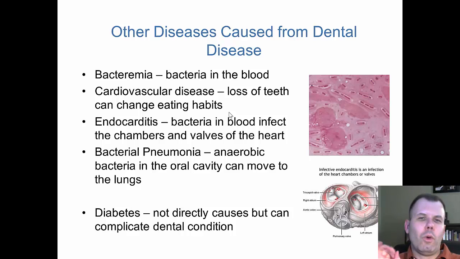One of the really interesting ones is diabetes. Even though it's not a direct effect, we do see a direct correlation: people that have bad oral hygiene are also associated with diabetes. And when you have diabetes, you typically have bad oral hygiene, because of circulation issues that can complicate the dental condition.